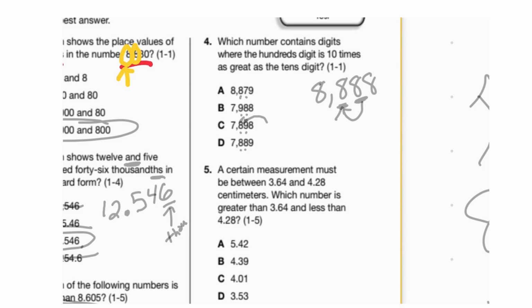But this now is telling us, oh wait, no, it's going to be smaller. So making sure if they're talking about 10 times greater, it has to be the same digit. So just based off that, you could eliminate A, B, C, and come up with the answer of D.